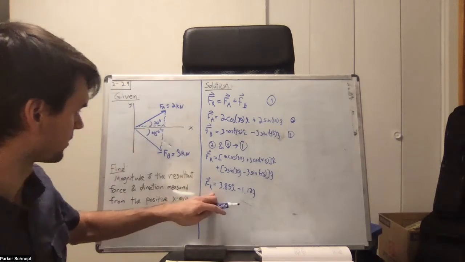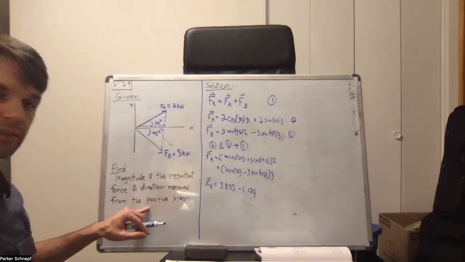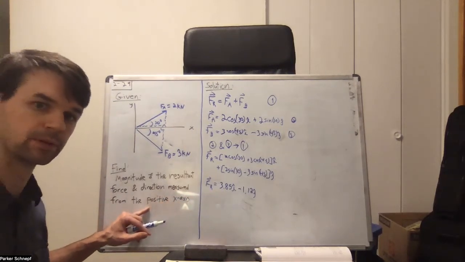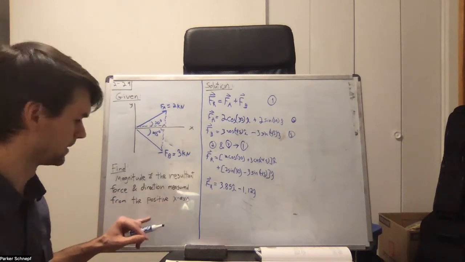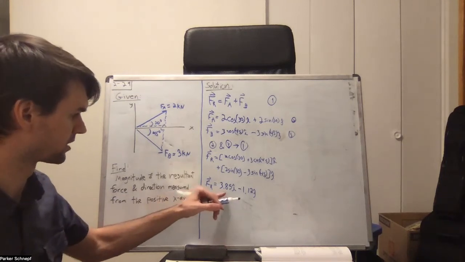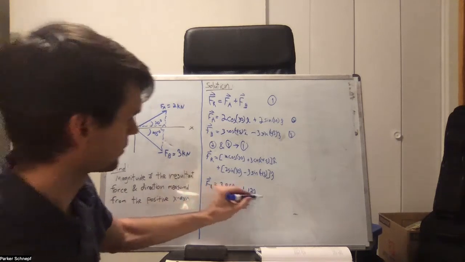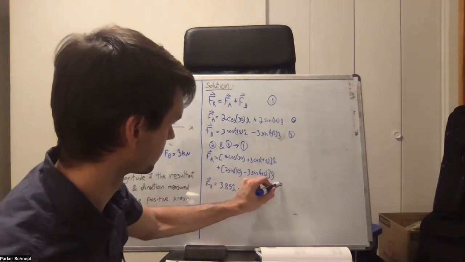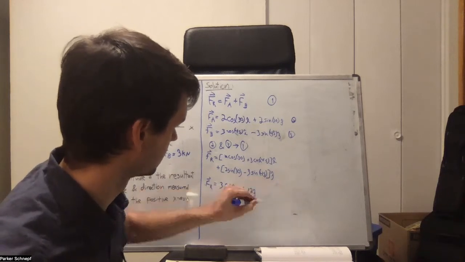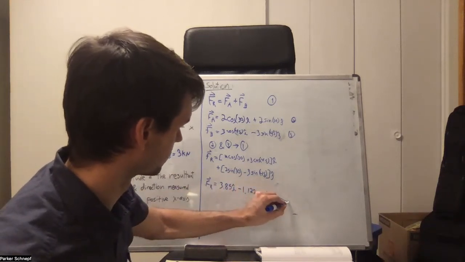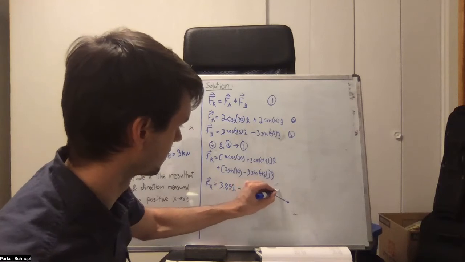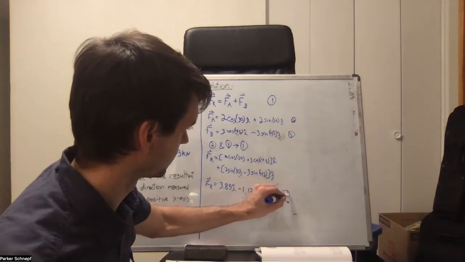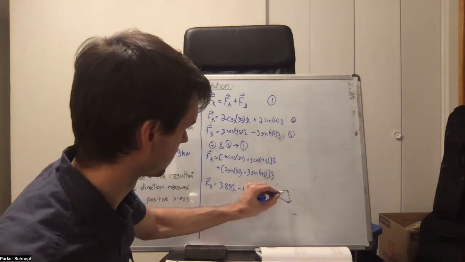So that's the vector. The problem didn't want me to actually find the vector though, it wants me to find the magnitude and the direction. So to get the magnitude and the direction from this, we can represent this as a vector, so let me draw the right direction. All right, so this is what our vector would sort of look like. It has a positive x component and a negative y component.